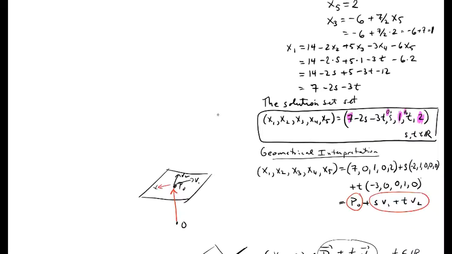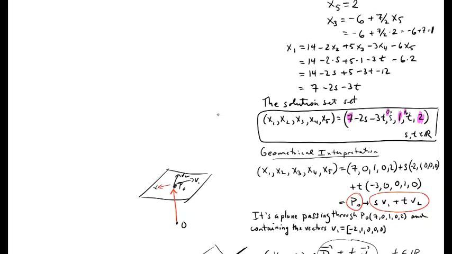So this is our geometrical interpretation. It's a plane that passes through P0, which is 7, 0, 1, 0, 2, and containing the vectors V1, let's say, is minus 2, 1, 0, 0, 0, and V2, which is the second one, which is minus 3, 0, 0, 1, 0.